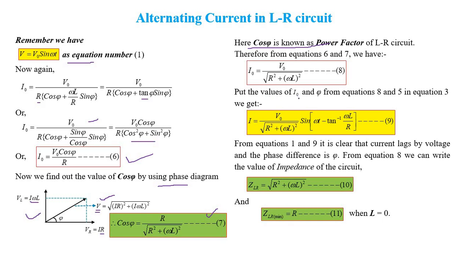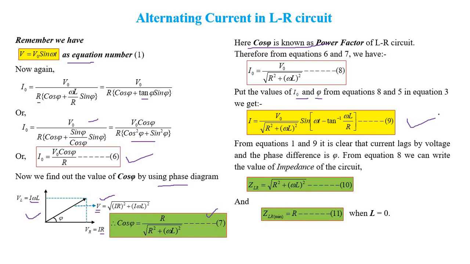Put the values of I0 from equation number 8 and phi from equation number 5 in equation number 3. We will get this equation, equation number 9. So this is the current at any time t flowing in the circuit.